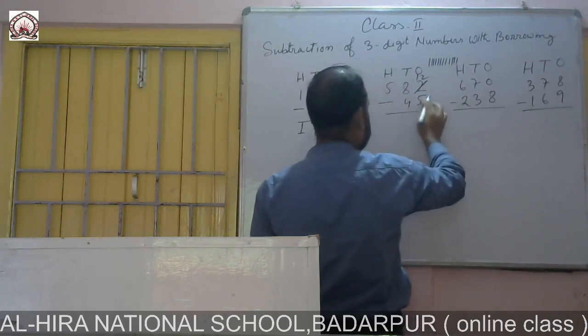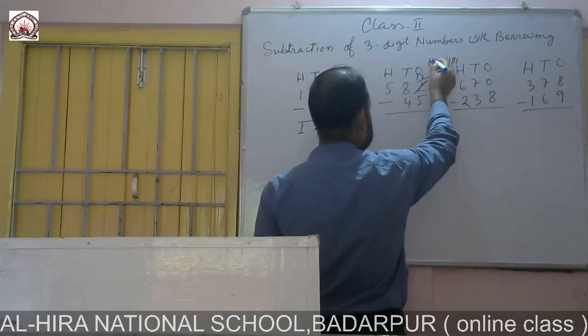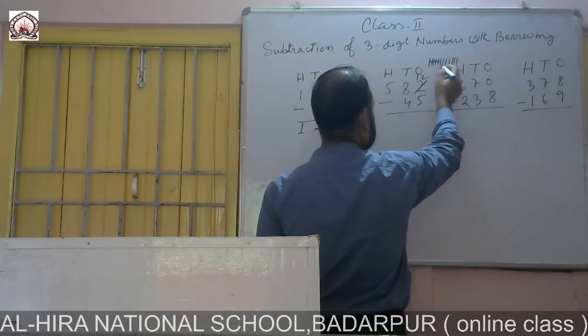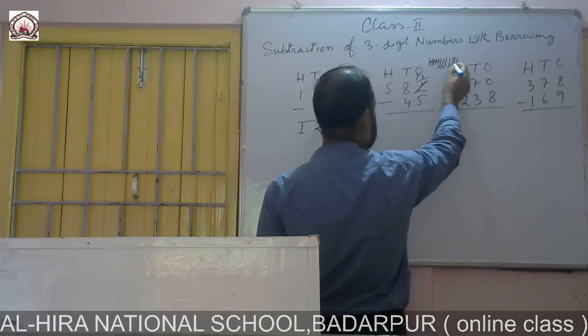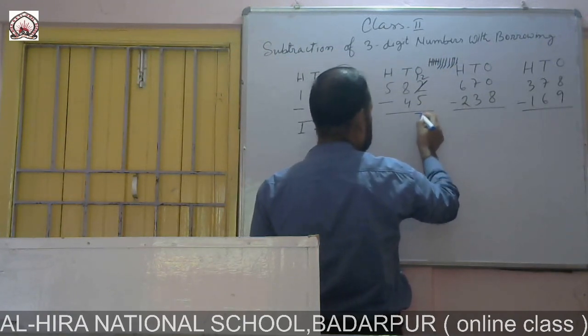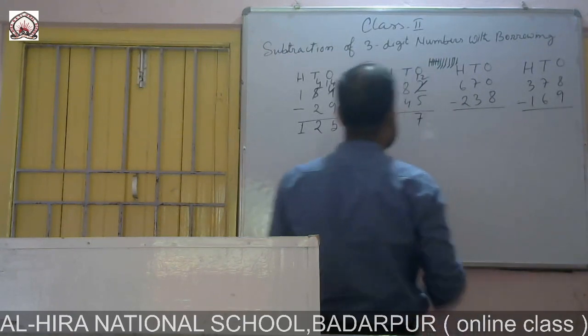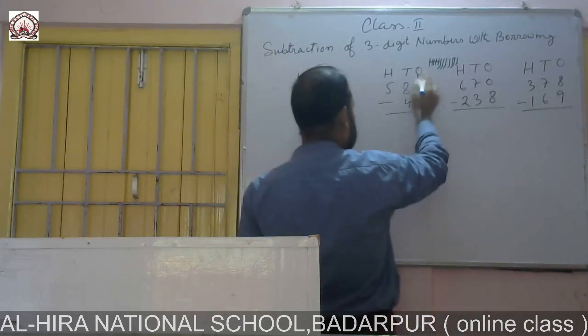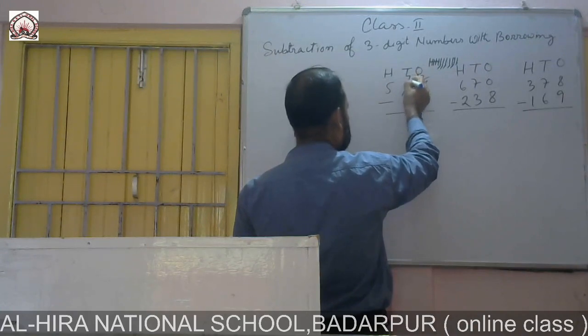We cut 5. How many remain? 7. So 12 minus 5 is equal to 7, and from 8 we borrowed 1, so there remains 7.